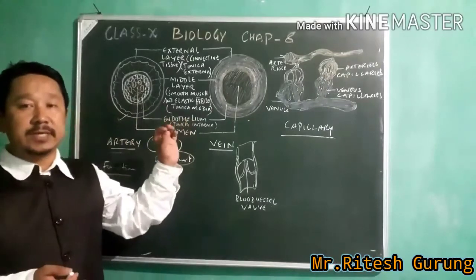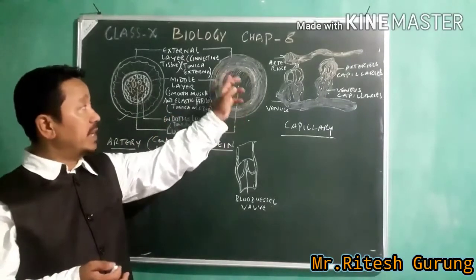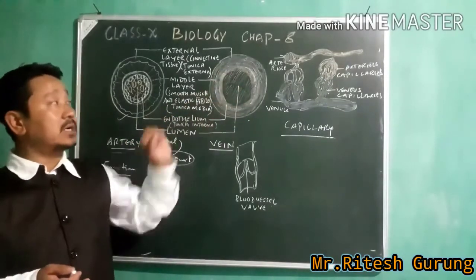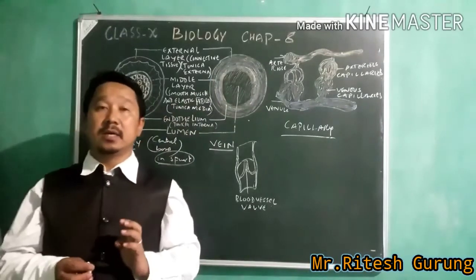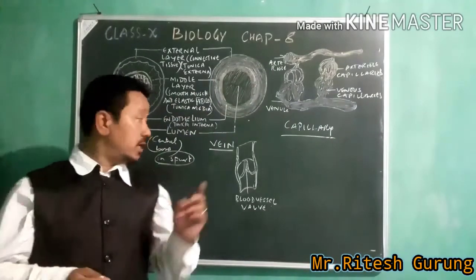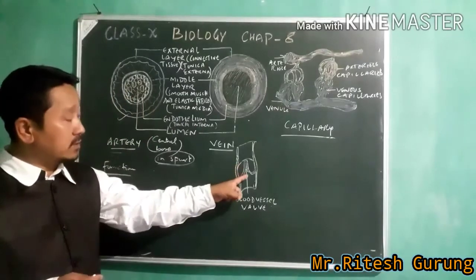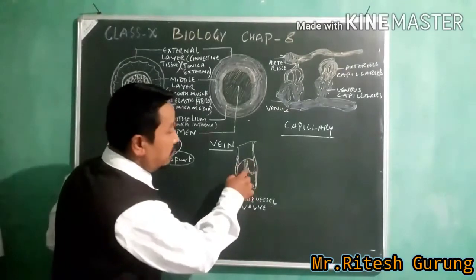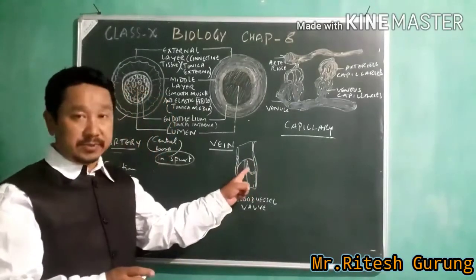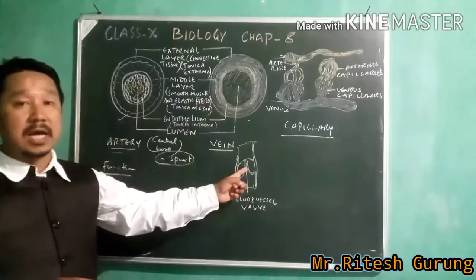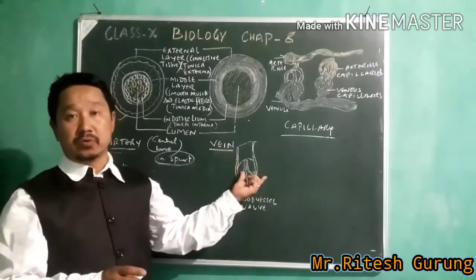Also you see these veins contain pocket-like valves. This is pocket-like, as you see here. So veins have pocket-like valves.